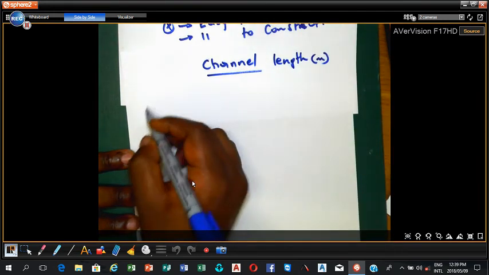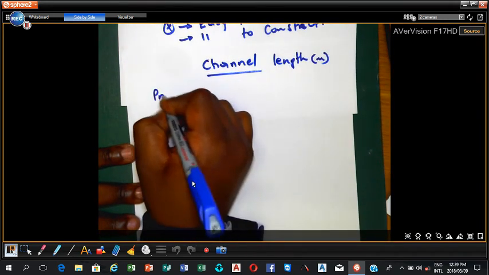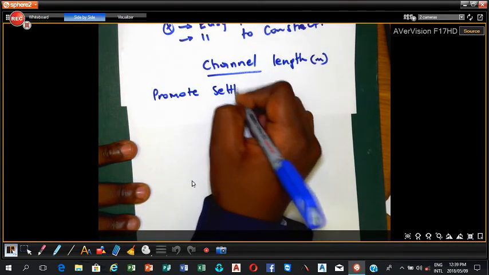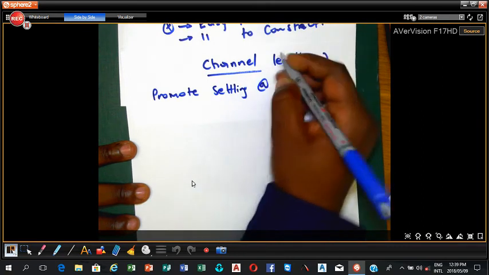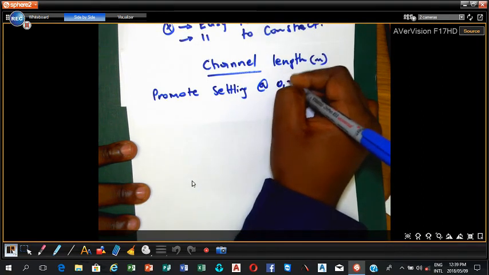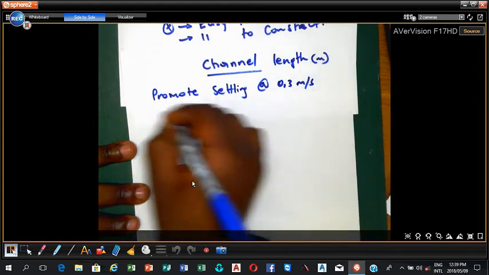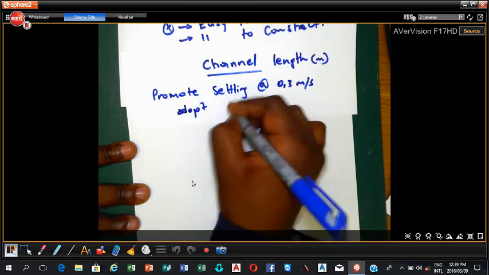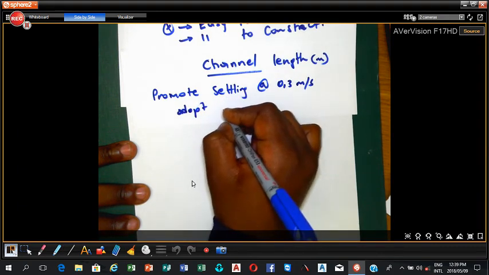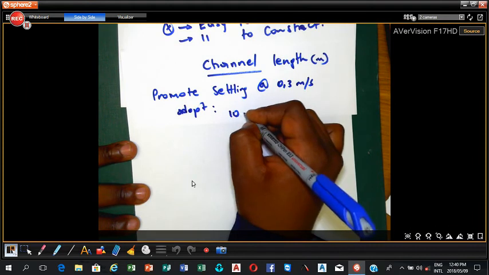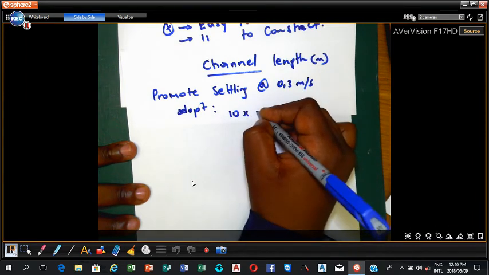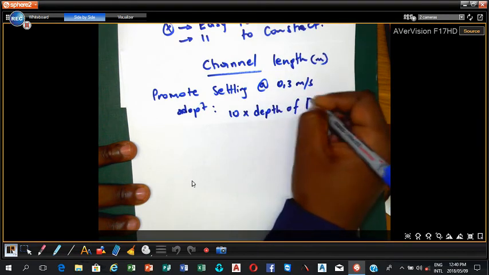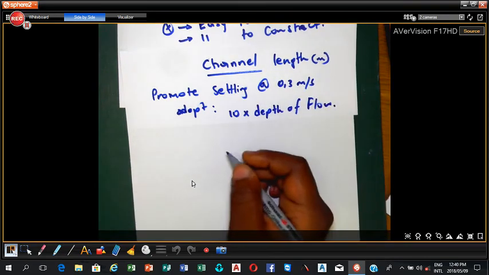I always say, in order to promote settling at 0.3 meters per second, you need to adopt your length to be 10 times your depth of flow. 10 times your depth of flow.